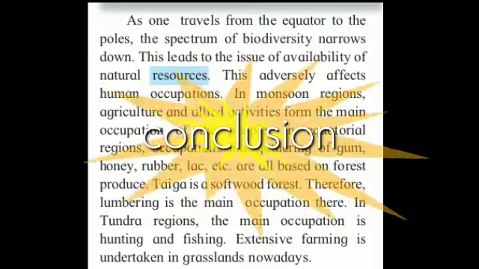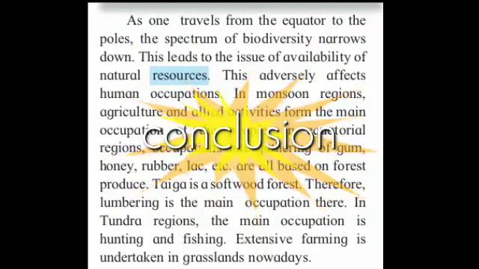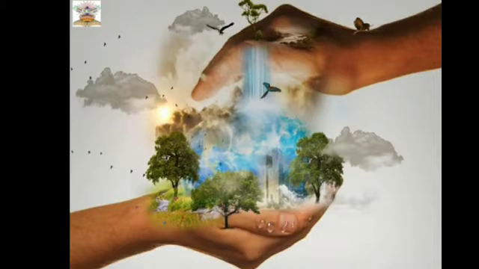Now see students, what we have learned from this chapter. As we move from the equator to the poles, the biodiversity is not that broad. Biodiversity means the flora and fauna, right, is not that broad. So this leads to the problem of natural resources.